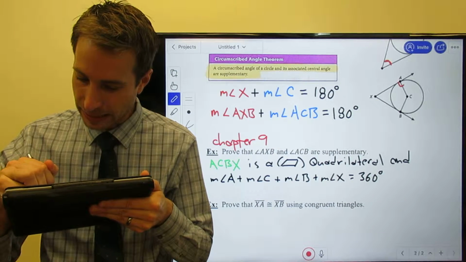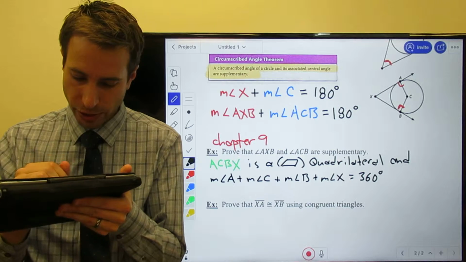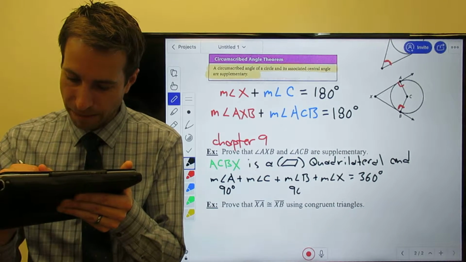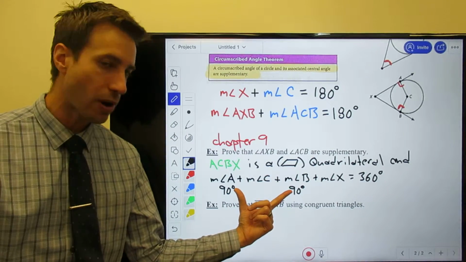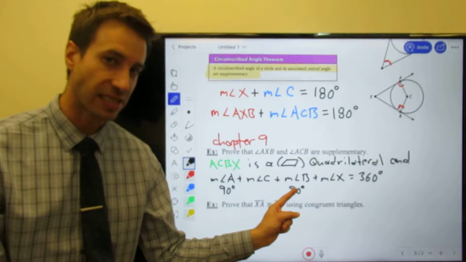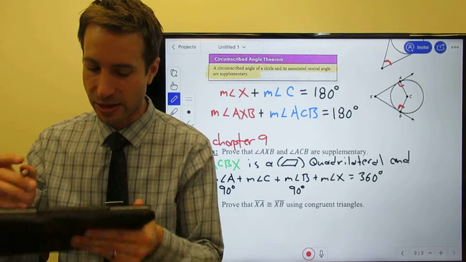That guy has to be 90. That guy has to be 90. Okay, great. Here we go. So I have A is 90 degrees. I have B is 90 degrees, right? I'm going to subtract both of these guys to the other side. So 90 plus 90 is 180. I subtract 180 to the other side.